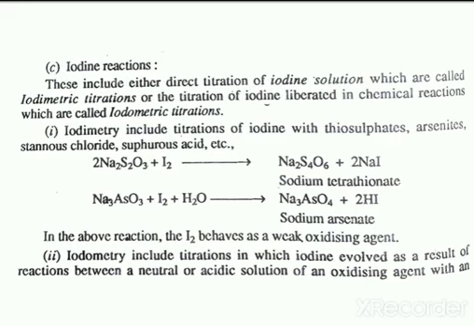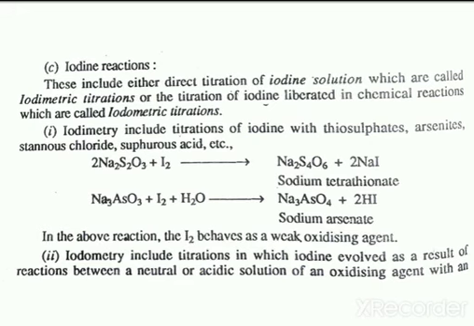It is the branch of volumetric analysis based upon the use of iodine as an oxidizing agent, and is called iodimetric titration. Iodimetric titration is concerned with titration with a standard solution of iodine, whereas in iodometric titration, there is the titration of iodine liberated in chemical reactions.